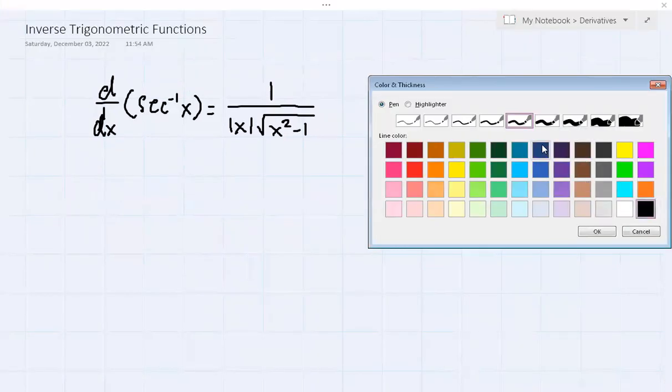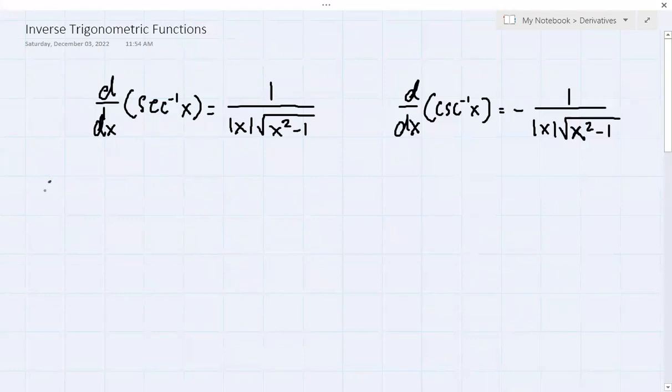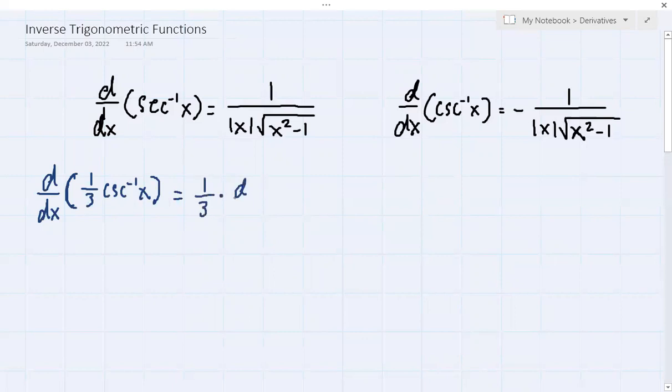So, dito, let's just say, sabihin natin meron tayong the derivative of 1/3 of arccosecant. Ayan. So dito, we will have 1/3 times derivative ng arccosecant.